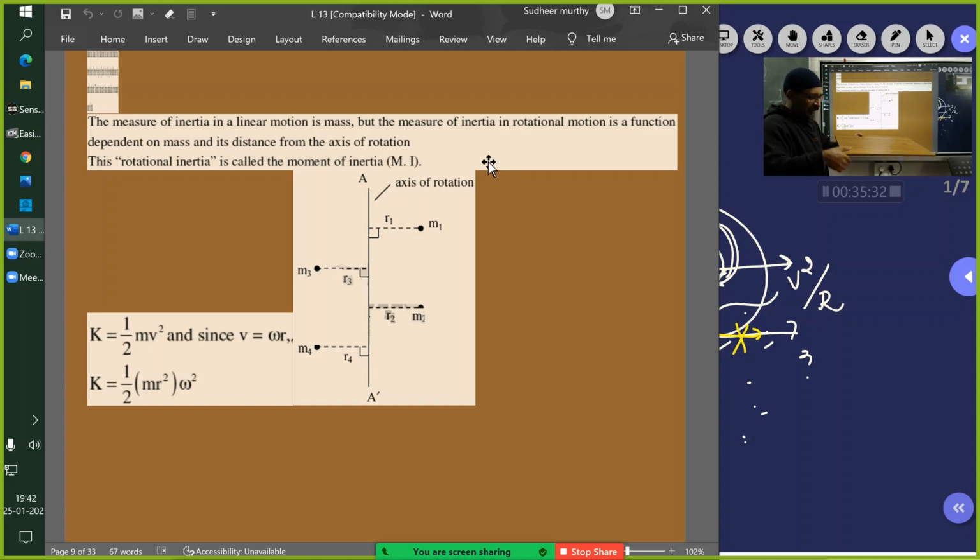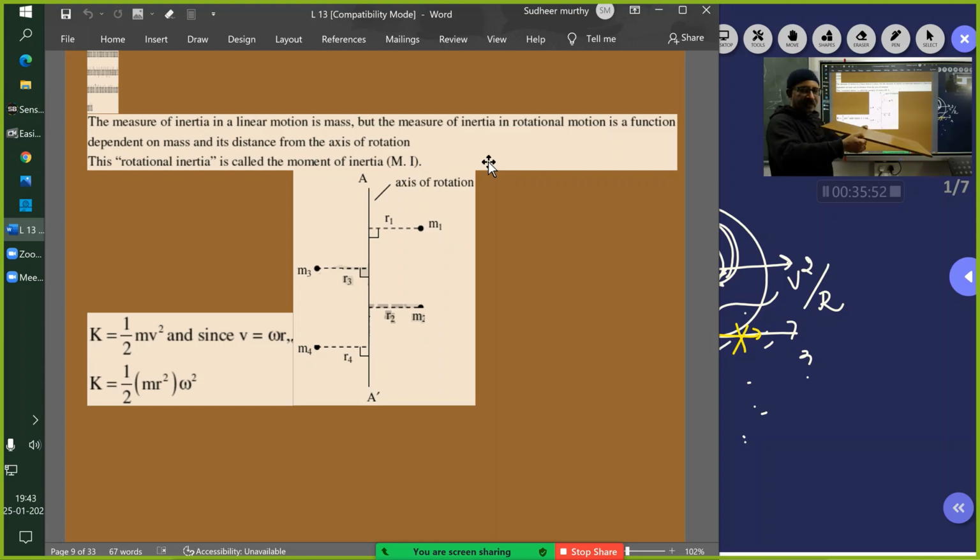Now when I am rotating with respect to this axis, the entire mass is distributed, made of particles. From this axis, the particles are distributed far away, and therefore the inertia is more.